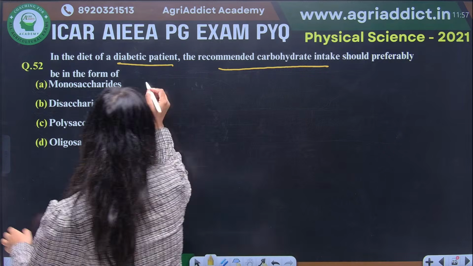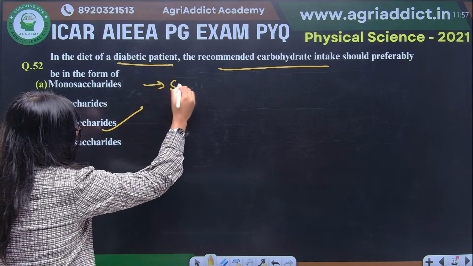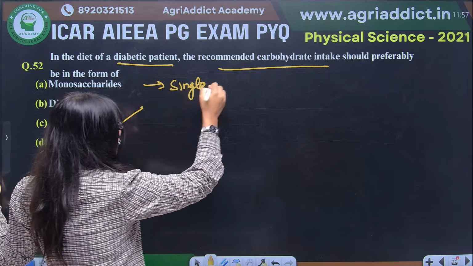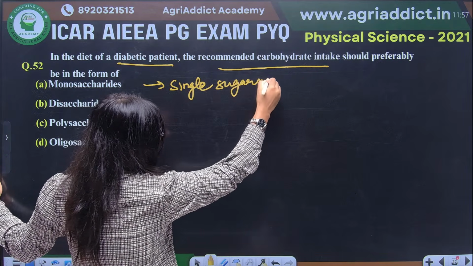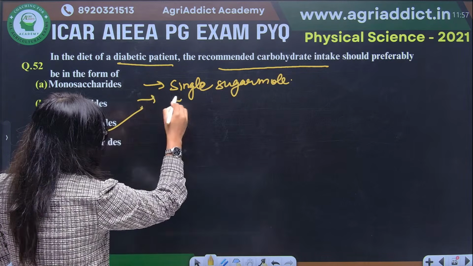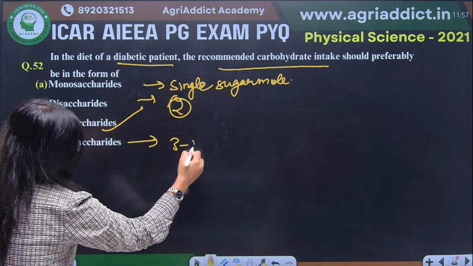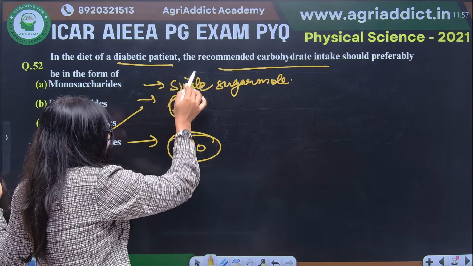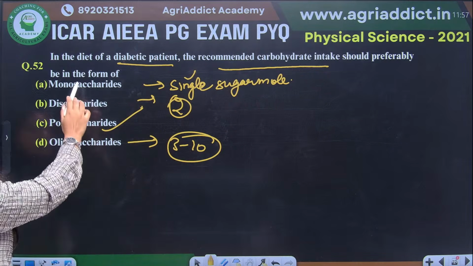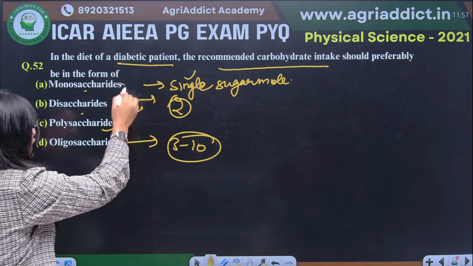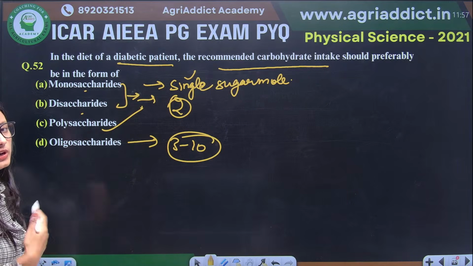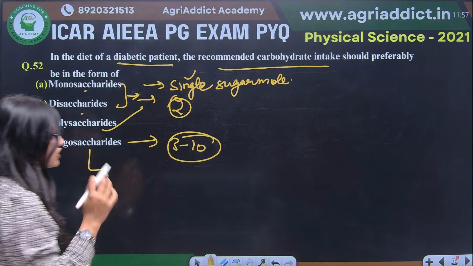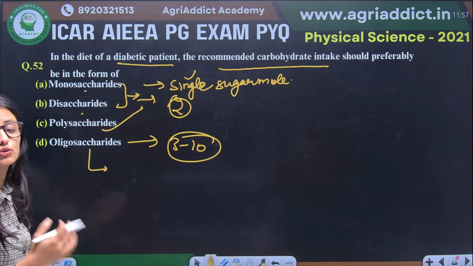Because as we know, monosaccharide is made up of a single sugar molecule, here in disaccharide there are 2, and in oligosaccharide there are 3 to 10. So if a person is consuming it in the form of monosaccharide or disaccharide, it will be readily absorbed by the body, no need of breakdown. And oligosaccharide readily breaks down in the body, which leads to a sudden sugar spike.